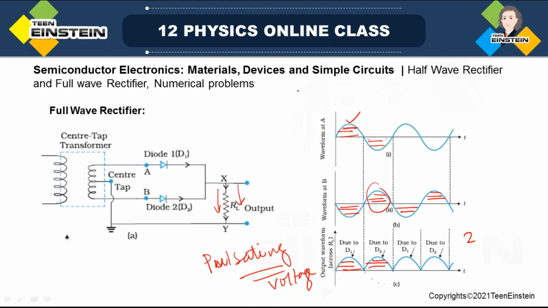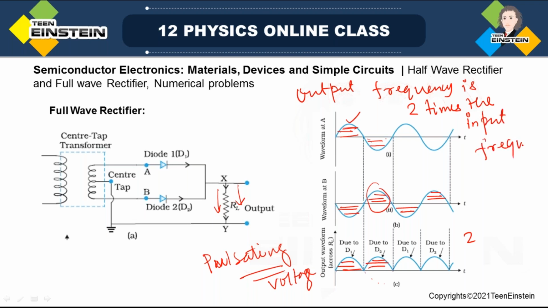So the output frequency is 2 times the input frequency. I'll just give you a simple example.